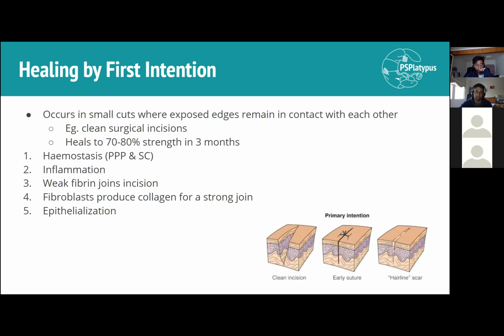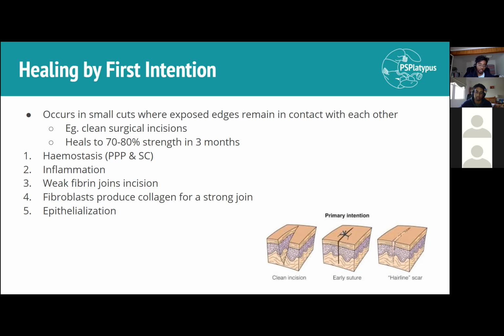So healing by first intention. This typically occurs in small cuts where the exposed edges remain in contact with each other, such as clean surgical incisions. As you can see on the bottom right, it's just a clean slice. It heals to about 70 to 80% strength in 3 months. Not bad.